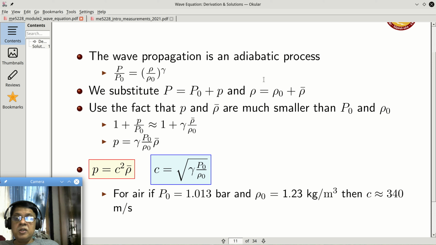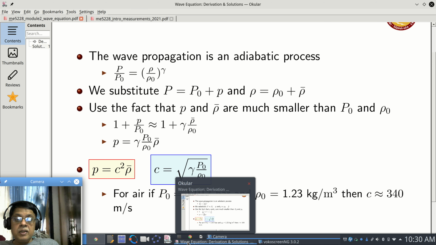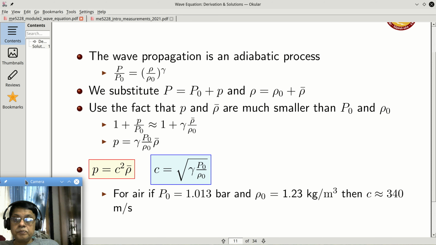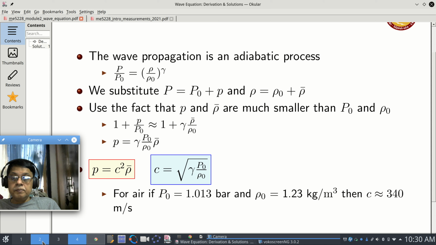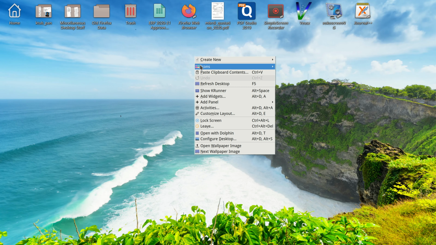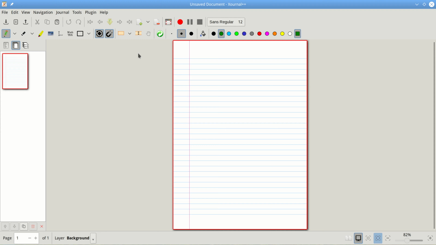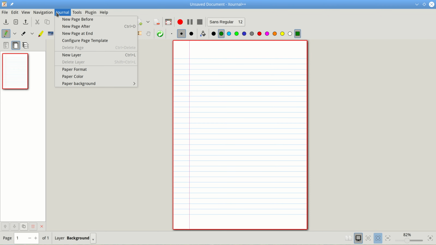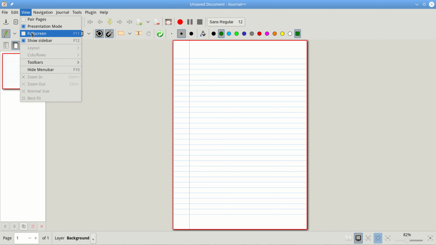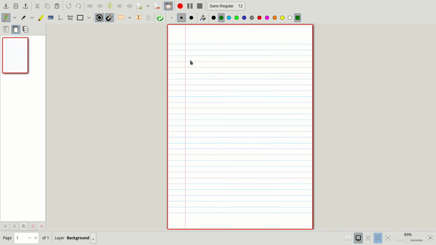Let me open up and write that equation. So here we have capital P, and if you remember, PV to the power of gamma equal to C. This V is specific volume.